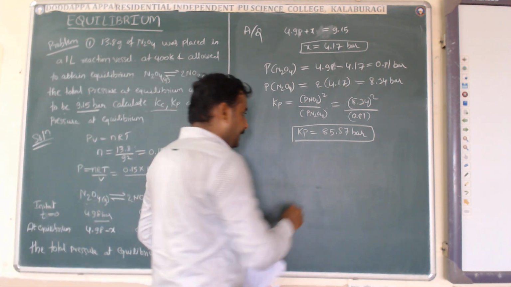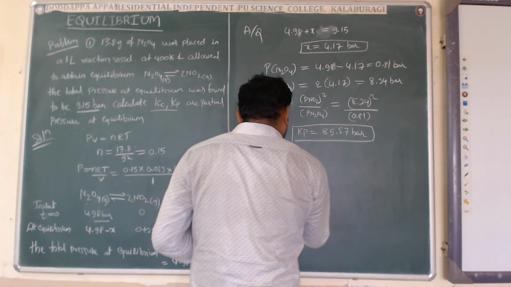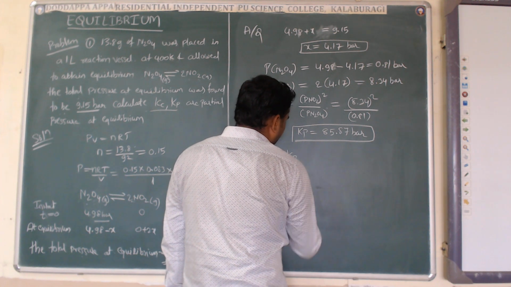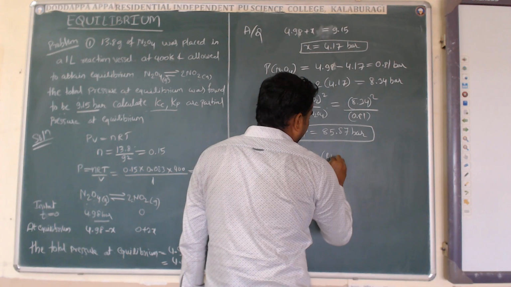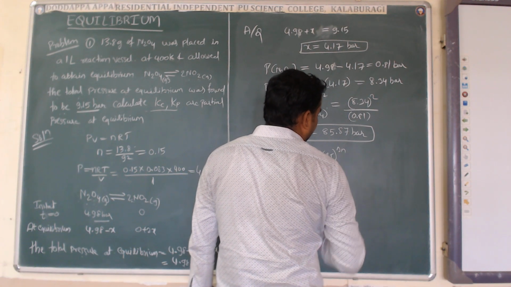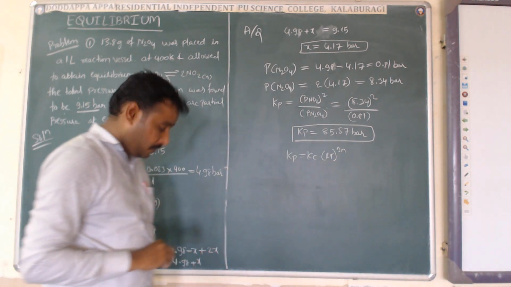Next is Kc. How do we find Kc? Kp is equal to Kc into RT raised to delta n. What is the delta n value?